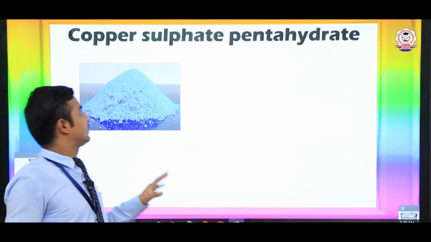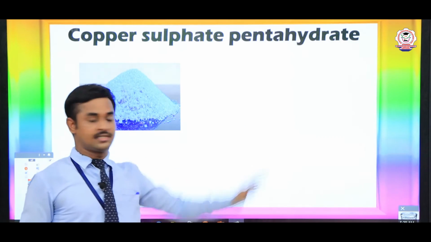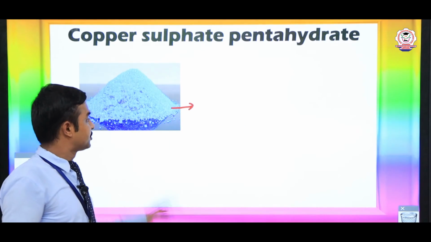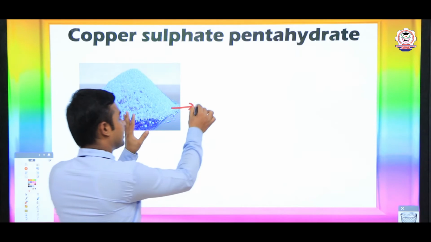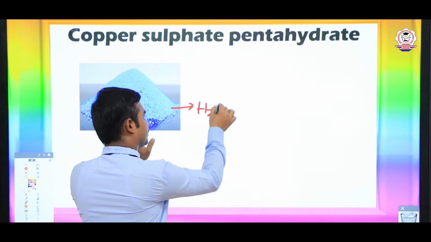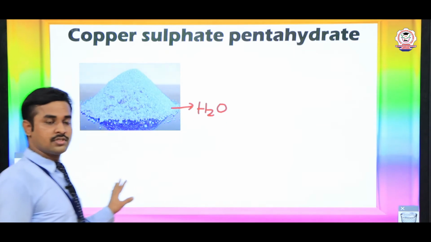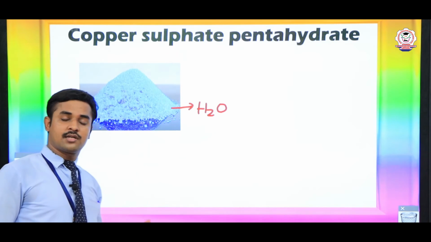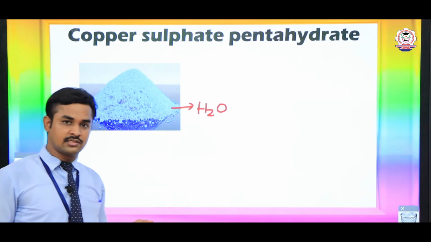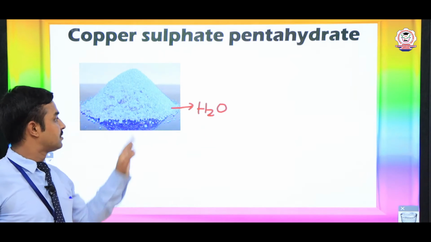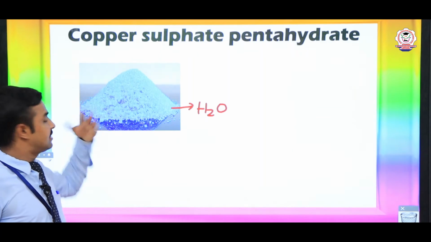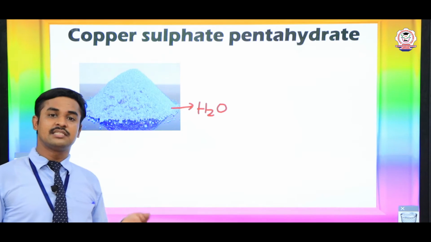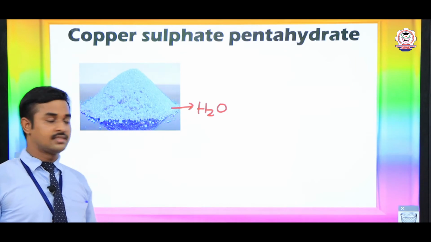For example, first we take copper sulfate pentahydrate. Copper sulfate is generally blue in color, so it is a hydrated salt, containing water molecules inside it. Due to the water in the crystals it is blue, and when the water is evaporated, the color suddenly changes to lighter than blue.